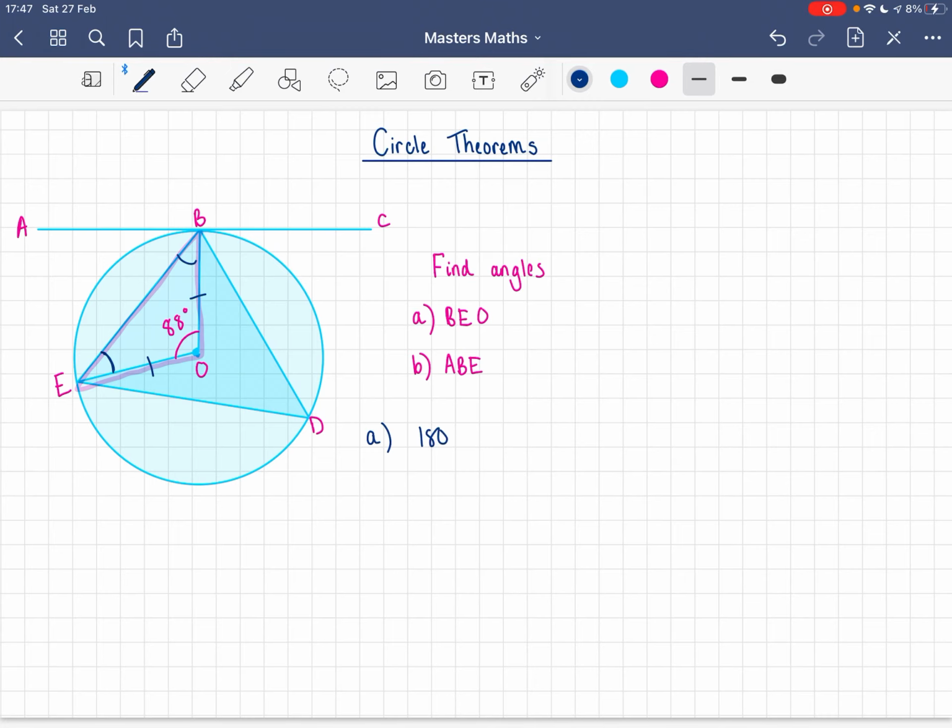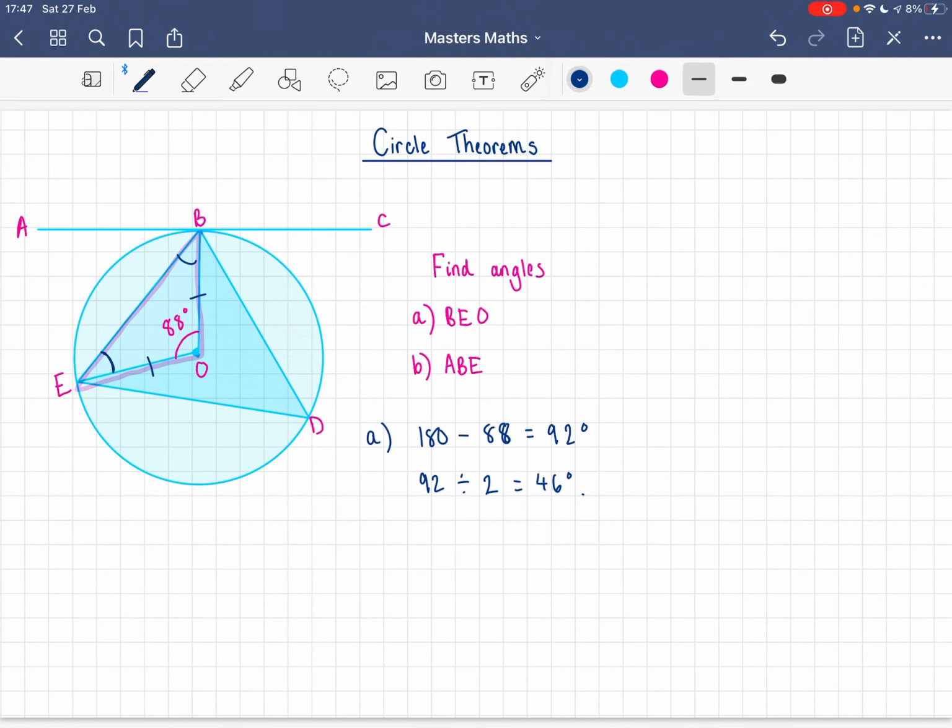So we're going to do 180, take away that 88. First of all, leaves us with 92 degrees. And then we are going to divide that 92 by 2 because we have two angles that are the same size. So we can split that in half, is 46. I am doing this in my head.